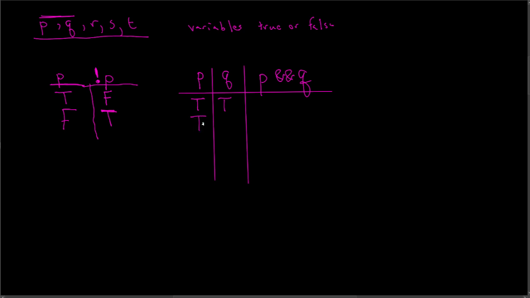P can be true, Q can be false. P can be false, Q can be true. P can be false, Q can be false. And so that gives us every possible combination.